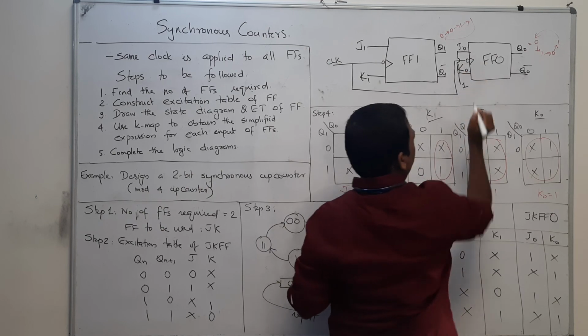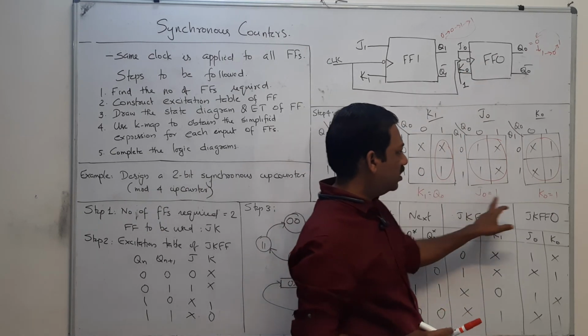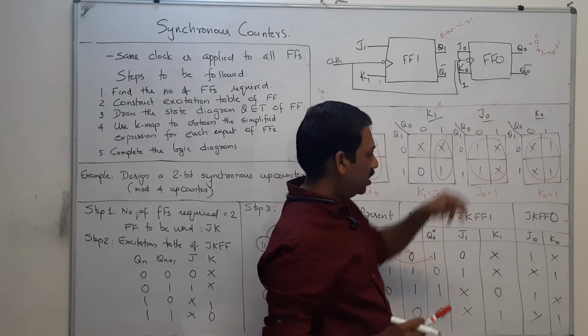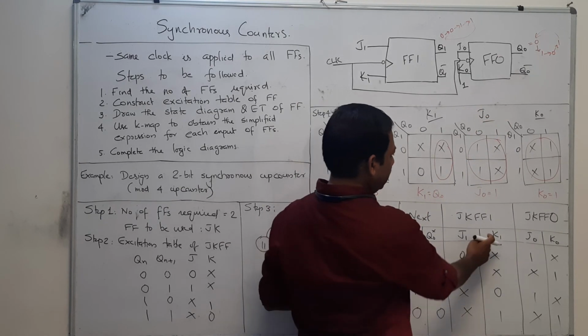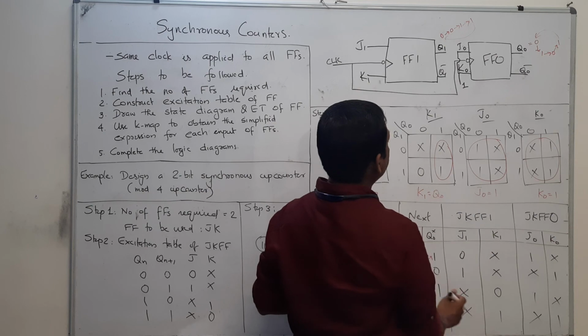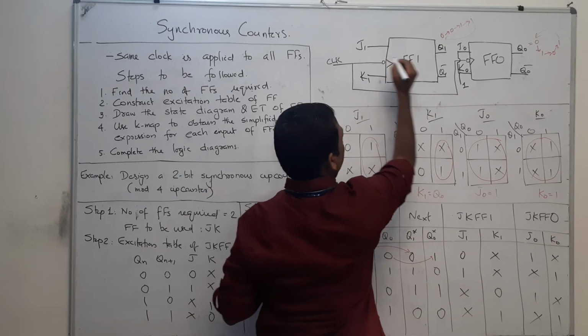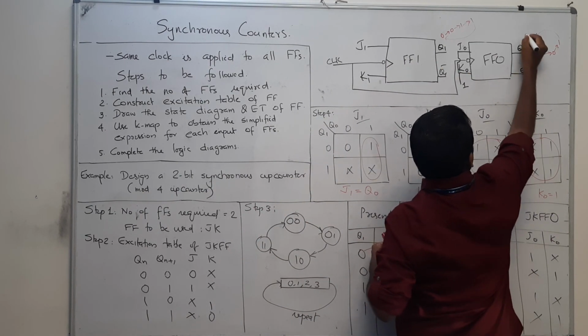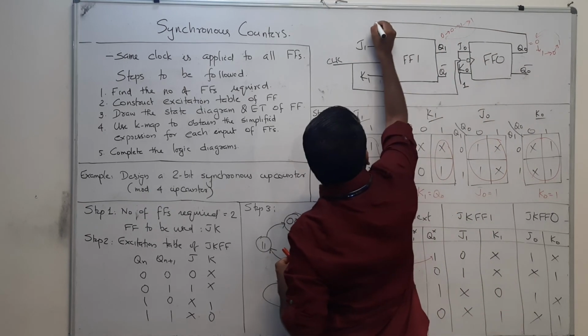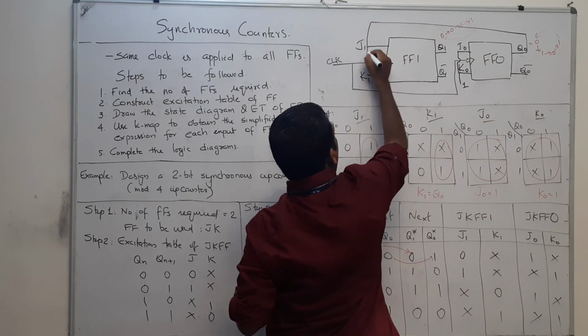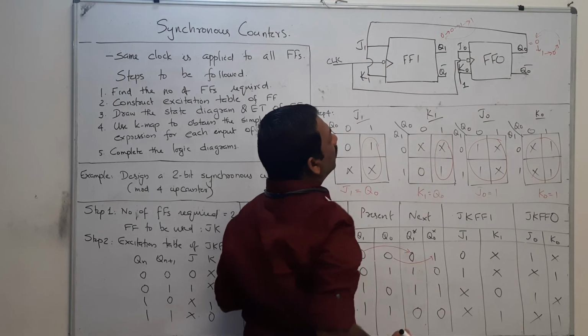Here I am going to provide 1. J0 and K0 are 1. Here 1. And what is the value of J1 and K1? J1 and K1 are Q0. So this Q0 is given back to J1 and K1.